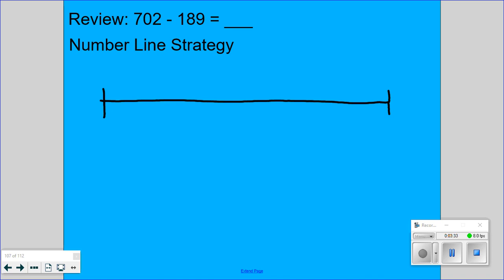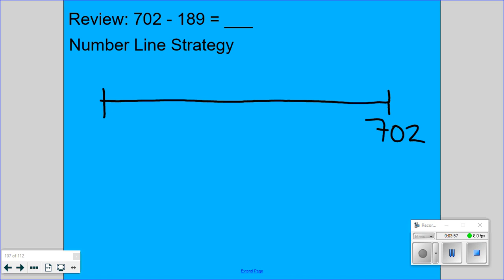Colby? What am I going to put on my number line in order to solve 702 take away 189? I'm going to put it at the end of the number line. Bryson, why are we putting it at the end of the number line? Because it's the bigger number.